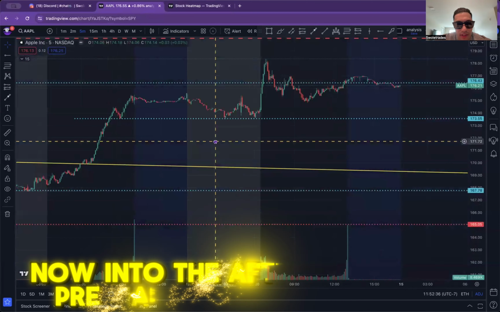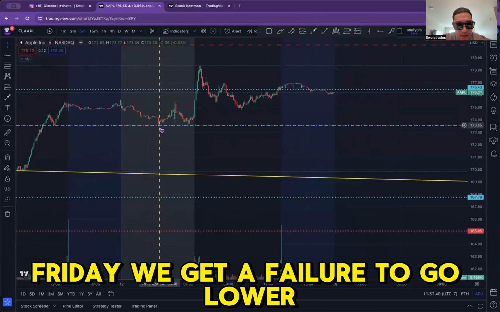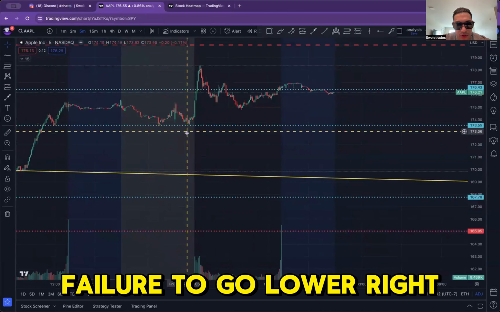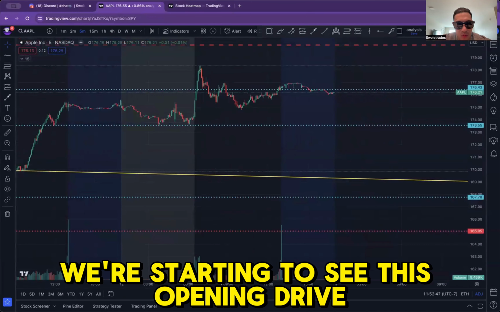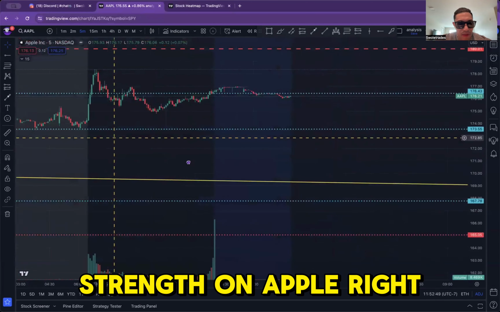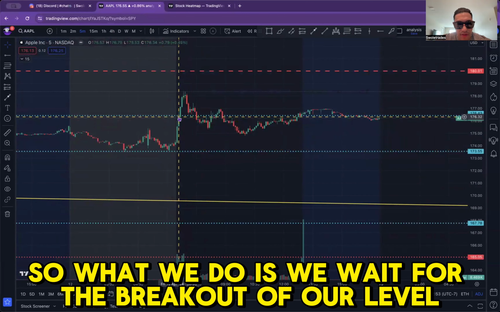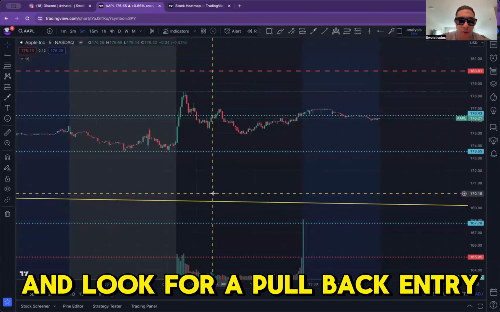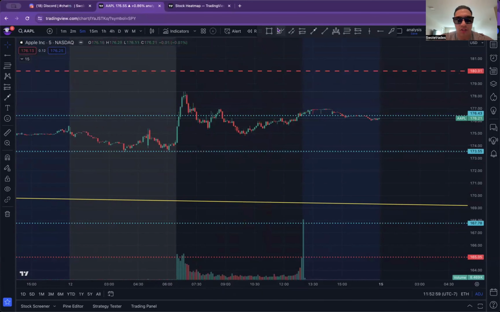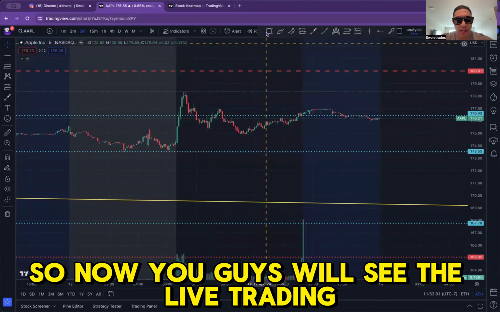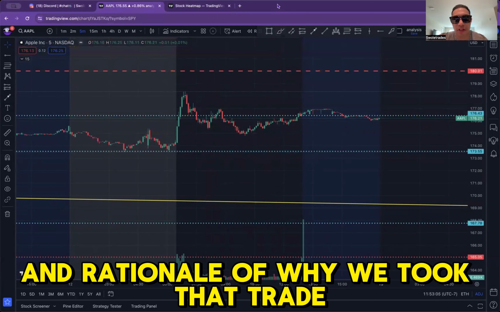Now into the after hours and pre-market of the next day, Friday, we get a failure to go lower, failure to go lower. And as soon as we open, we're starting to see this opening drive strength on Apple. So what we do is we wait for the breakout of our level and look for a pullback entry, which is exactly what we took online. So now you guys will see the live trading, and that was the breakdown and rationale of why we took that trade.